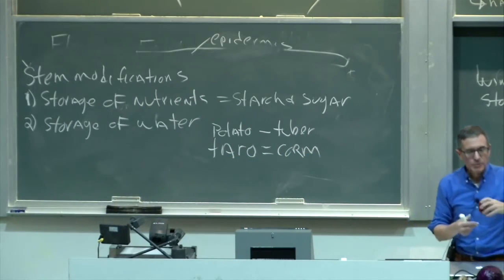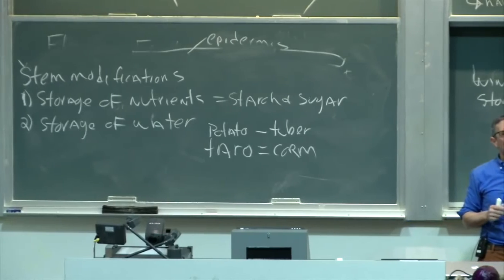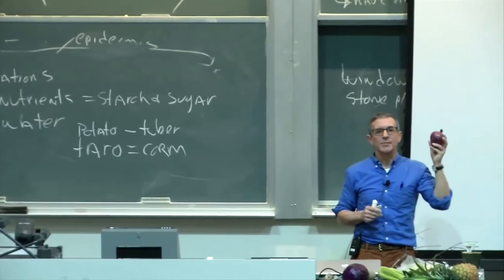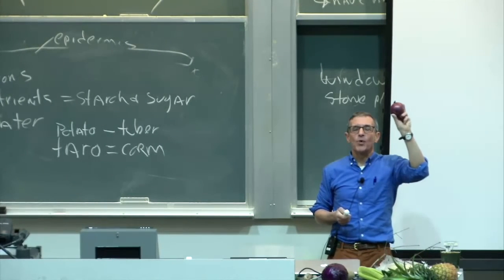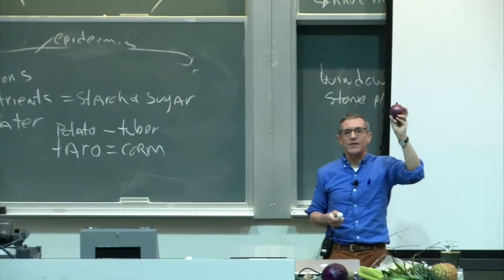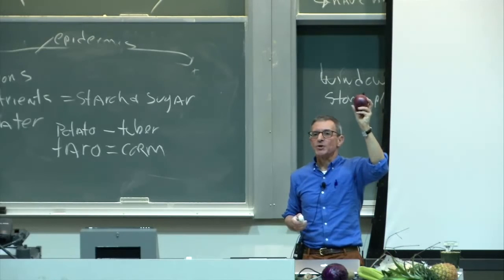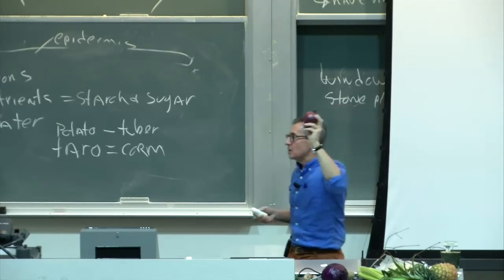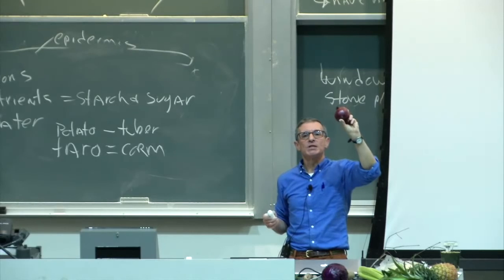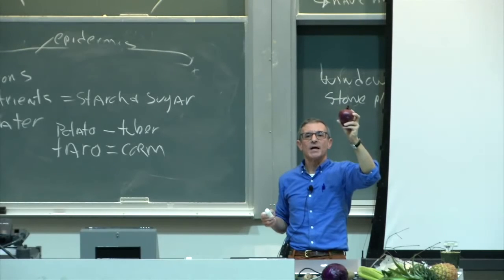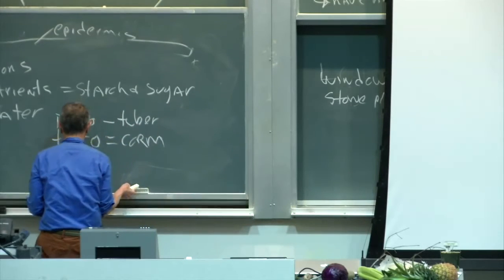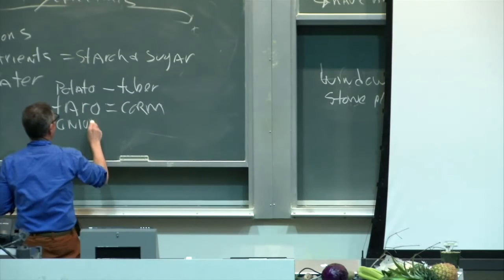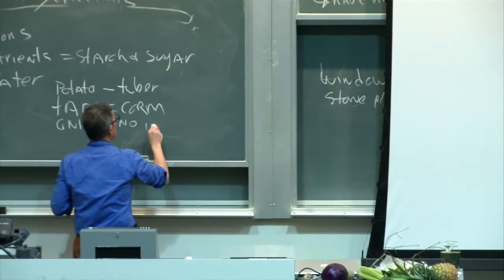Now here is an interesting stem which has modifications of both the stem and the leaf. In this particular case, the internodes have not elongated. So we have a situation in the stem in which the internodes have not elongated, and in the onion, I'll write this for you, no internode elongation.